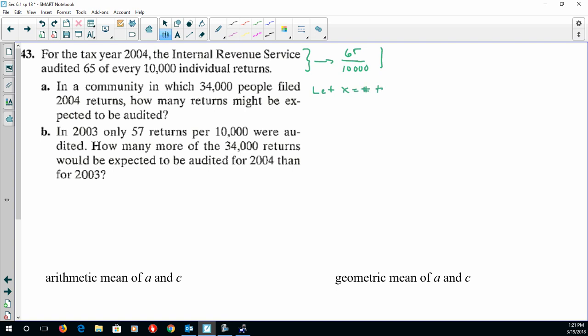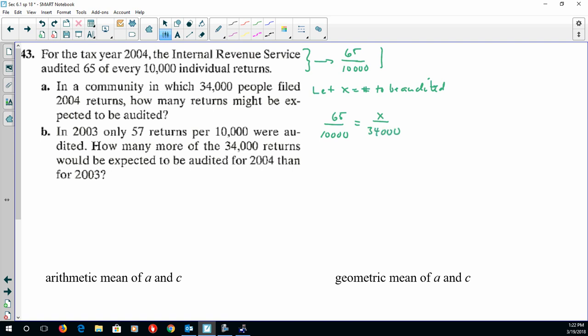We'll call that X. X is the number that we expect to be audited. If this overall ratio holds true, then the ratio in general that's audited should be the same as the ratio for this particular community.